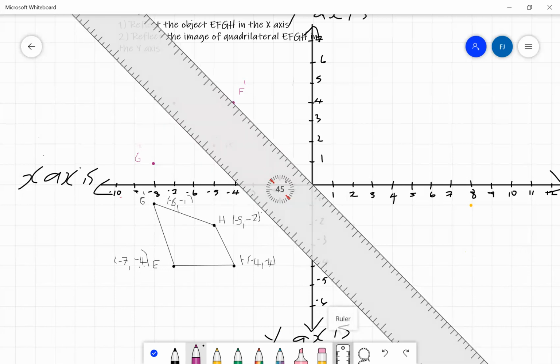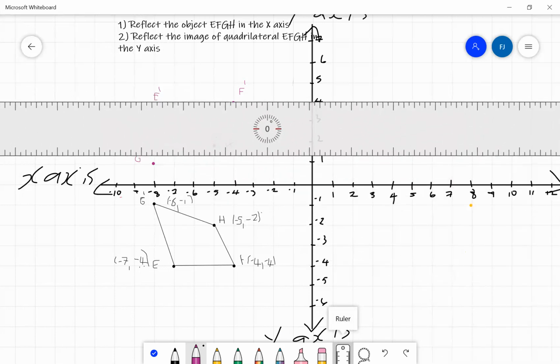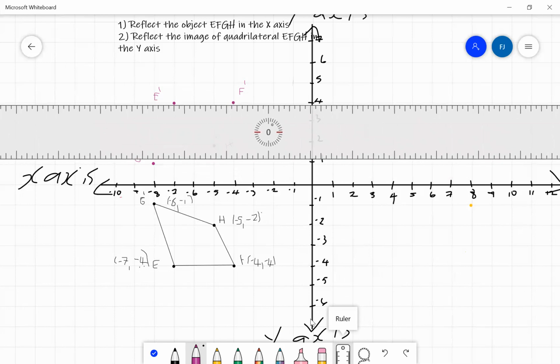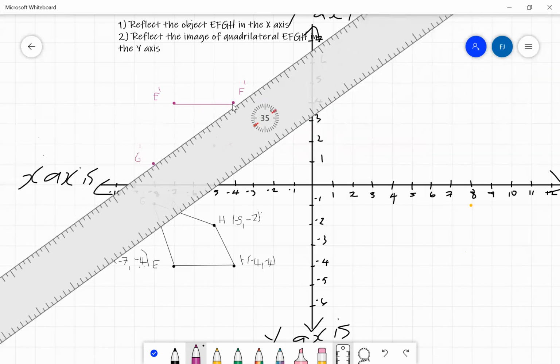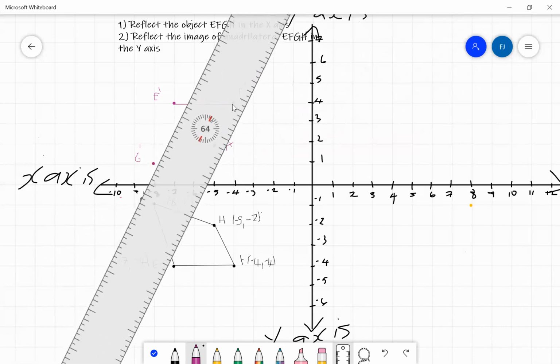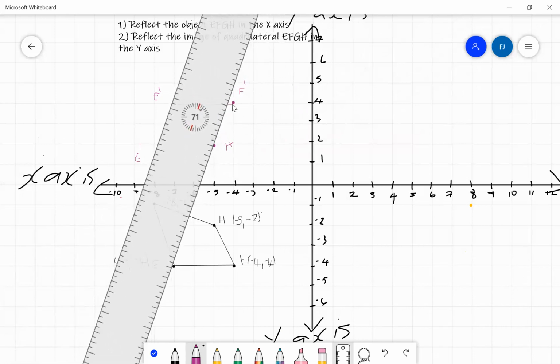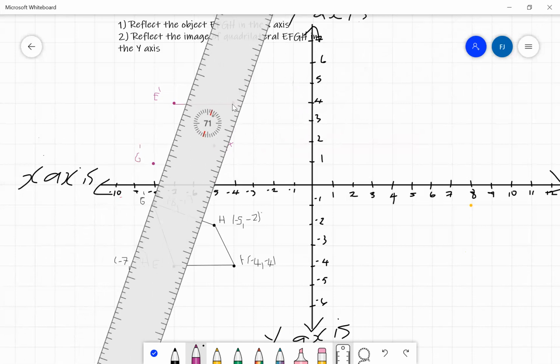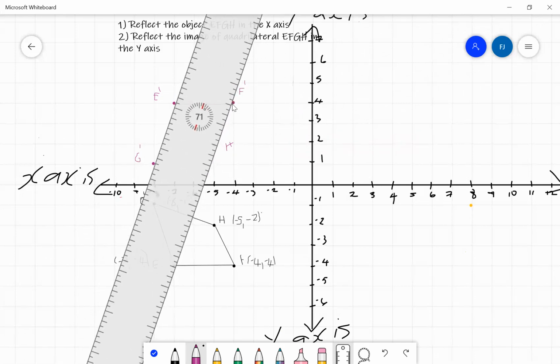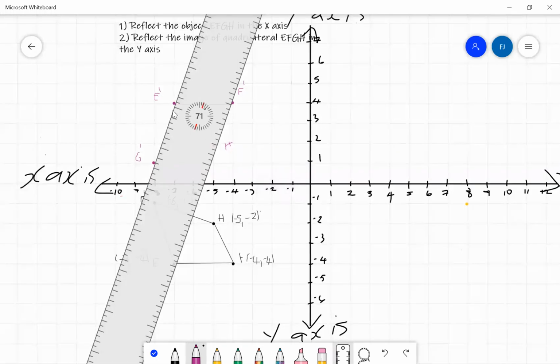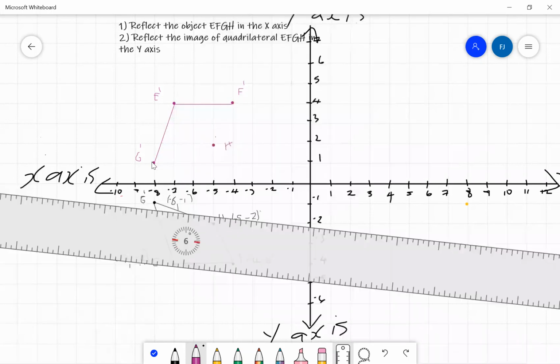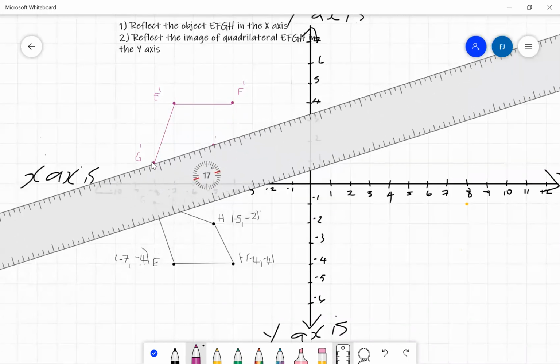Bear in mind, students, that no matter how many vertices or points an object has, we follow the same procedure of measuring the distance from the mirror line to each individual point on the object, and we will measure that same distance in the opposite direction to obtain the points of the image. So even if you get an object that has 6 vertices or points, the concept to be applied remains the same.